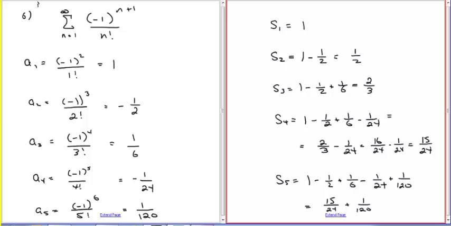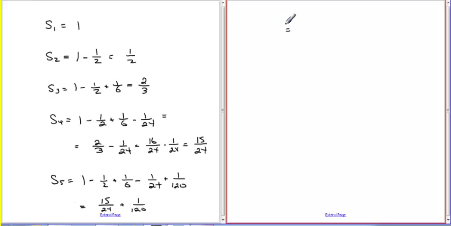And so multiply by 5 to get the same denominator. So 5 times 15 is 75. 5 times 24 is 120. So I get 76 over 120. So those are the first 5 terms of the sequence of partial sums.